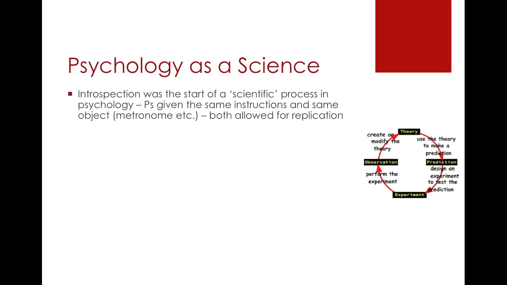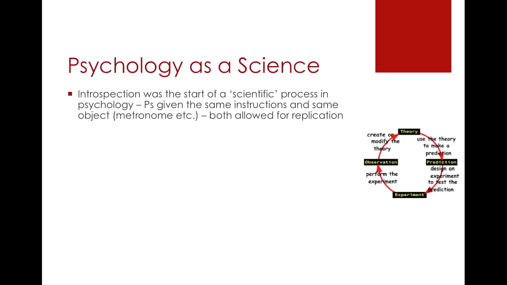As I said, looking at the timeline, we've gone from medieval times, maybe thinking about psychology as people being possessed, and then into philosophers thinking about it. Actually, with the introduction of Wilhelm Wundt and his laboratory, we've definitely got more of a scientific emphasis on the subject, which is definitely a good thing.